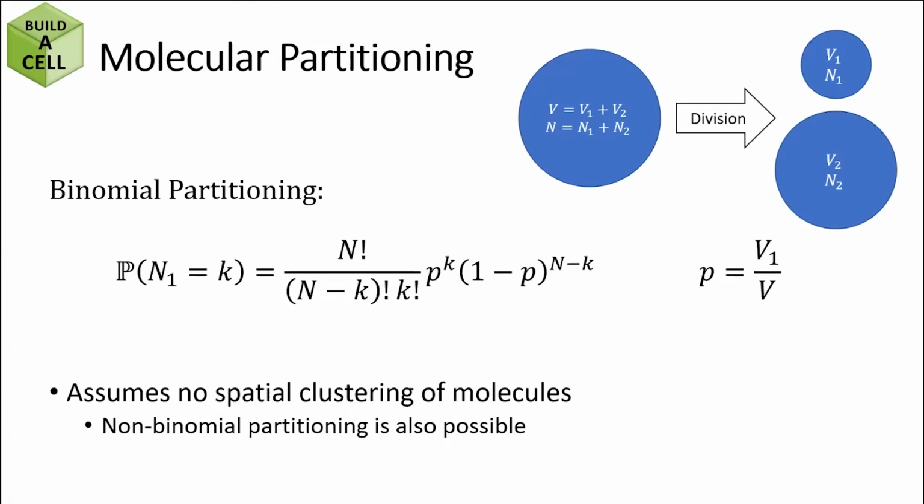It's worth noting that this is assuming that my molecules are homogeneously distributed in my volume. There's no spatial clustering or clumping of molecules. And in some models where you might know that molecules actually tend to aggregate with each other, or maybe there's something like a liquid-liquid phase transition, you might actually get non-binomial partitioning, but binomial partitioning is the right place to start. It's the simplest.